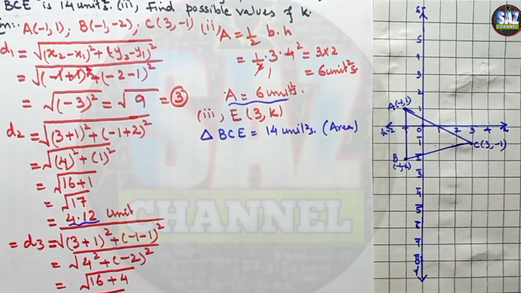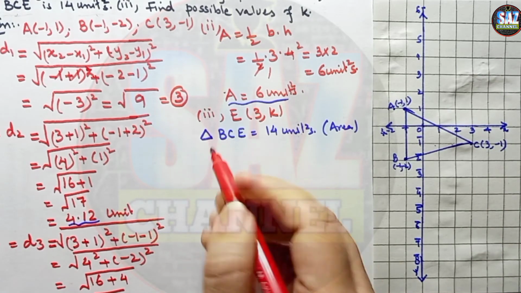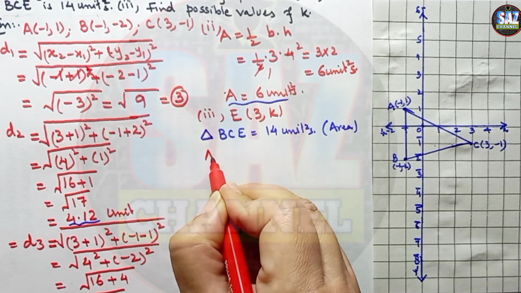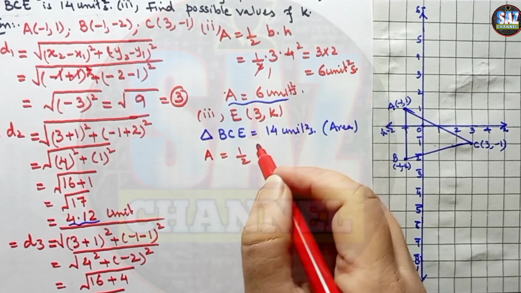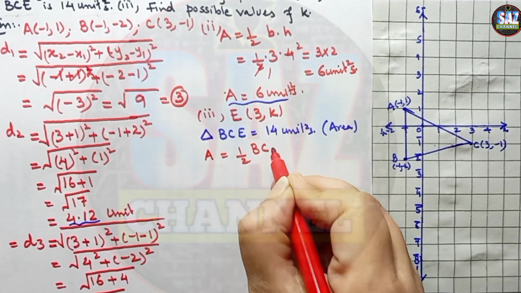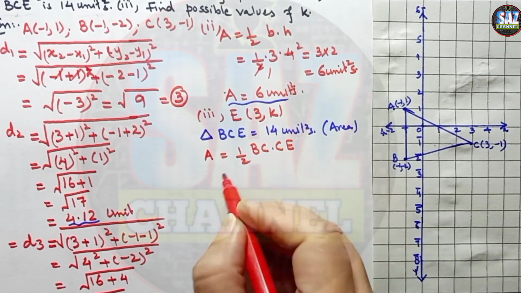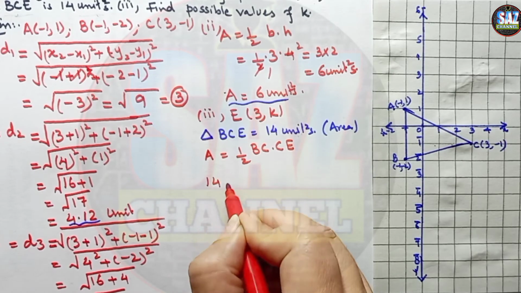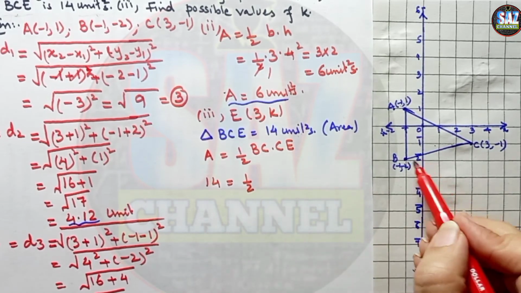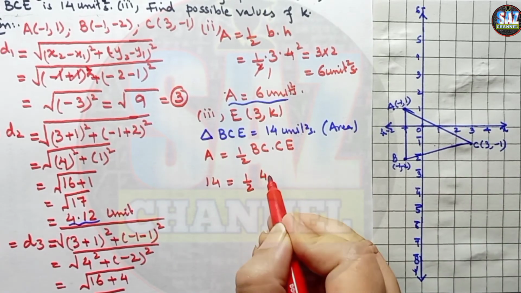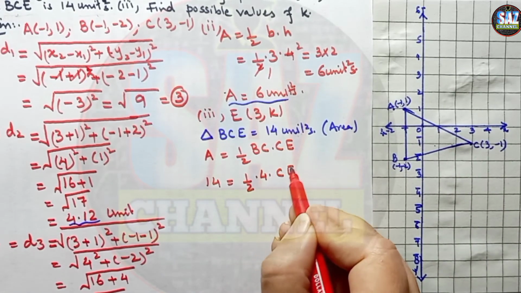So what we have to do is that area equals half base into height, BC into CE. Area is 14 units square, half into BC. B to C height is 4, and C to E we have to locate.